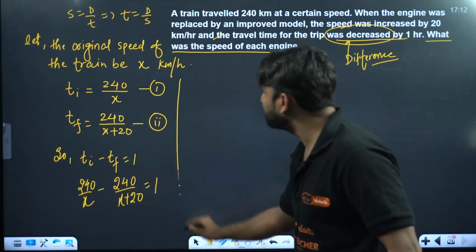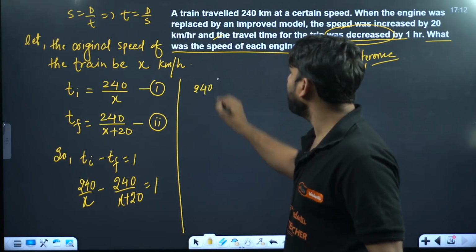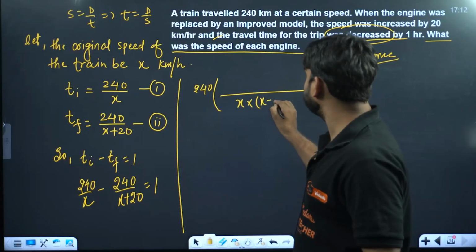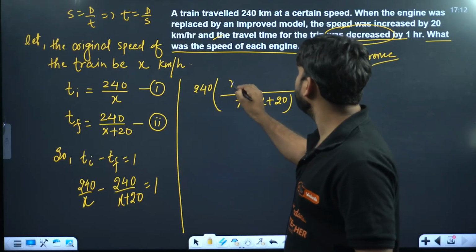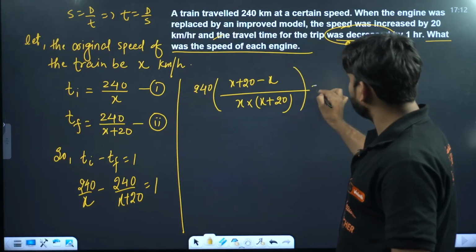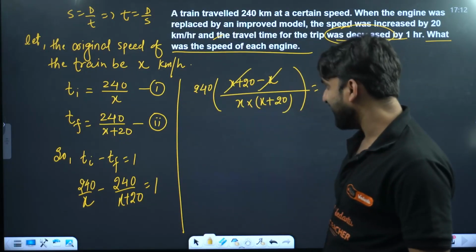Can we take 240 as common here? So 240 common and take LCM. So x into x plus 20. So x plus 20 will go there and minus x will be there, is equal to 1. So minus x cancels.